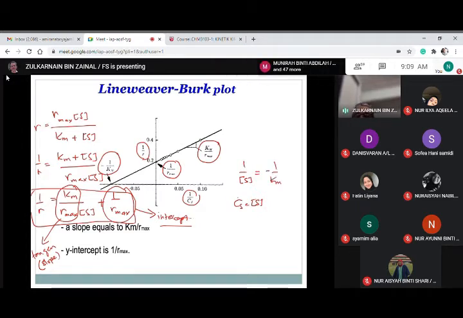And this occurs at 1 over R equals 0. Okay, so when 1 over R equals 0, you can see the line is here, and that is equal to minus 1 over Km.